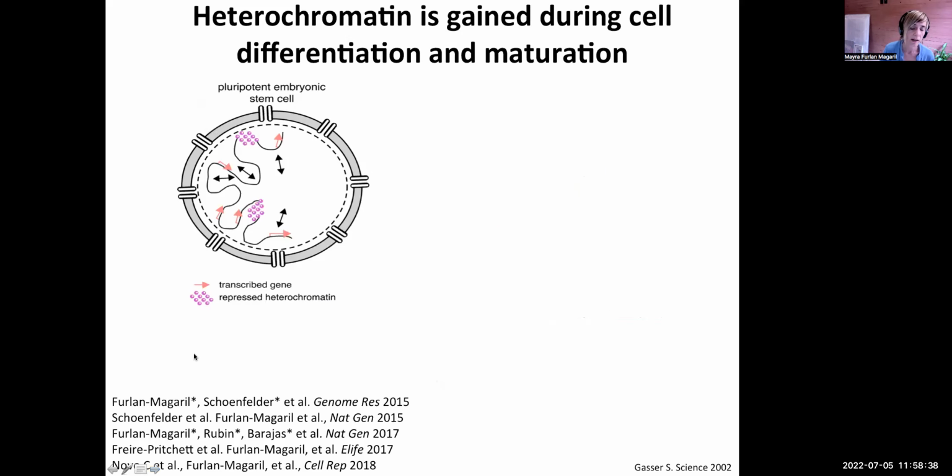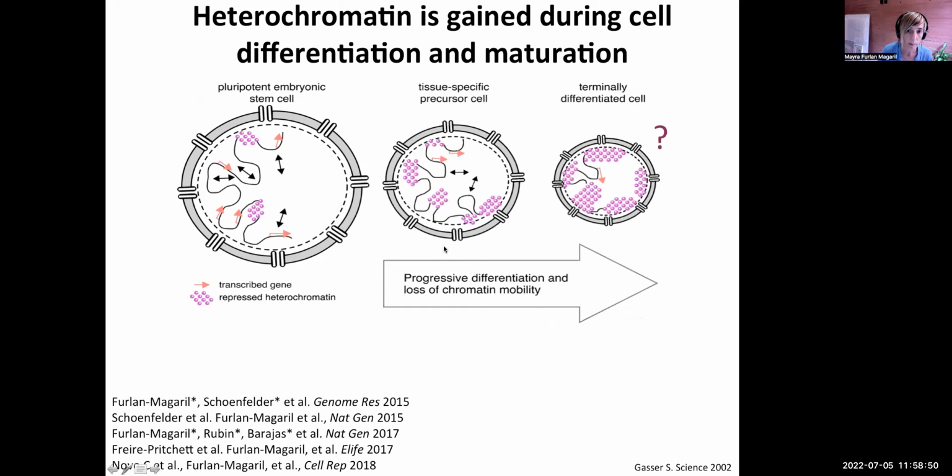During differentiation and maturation, there is a considerable gain in heterochromatin from the pluripotent cell to a precursor cell to a terminally differentiated cell. We know quite a bit about how the genome is organized at higher resolutions in pluripotent stem cells and early differentiated cells.